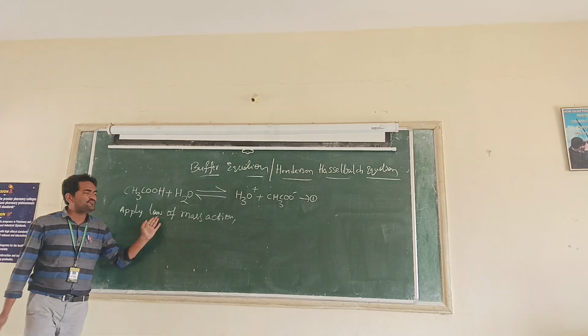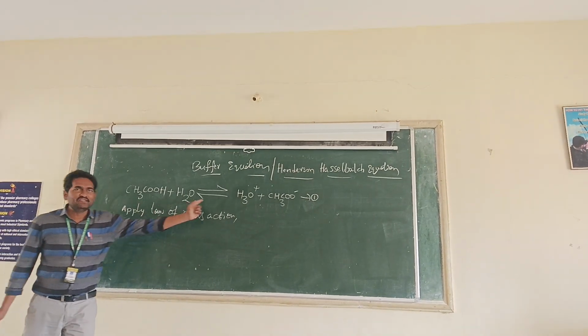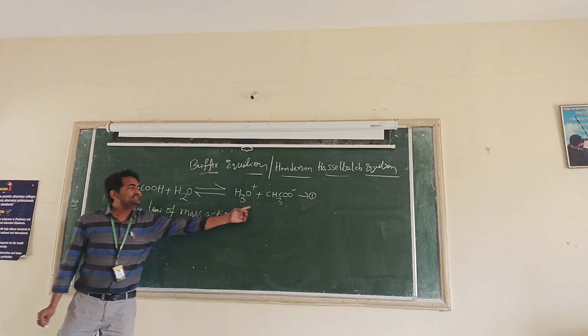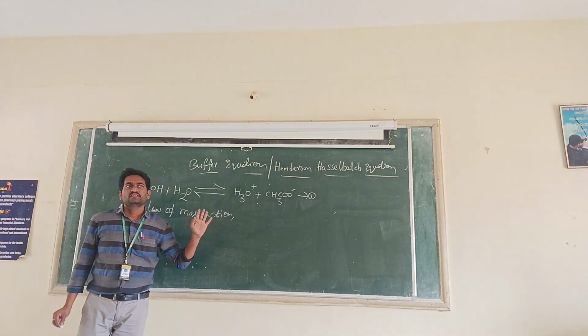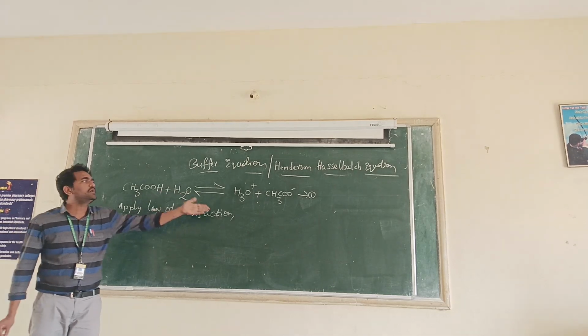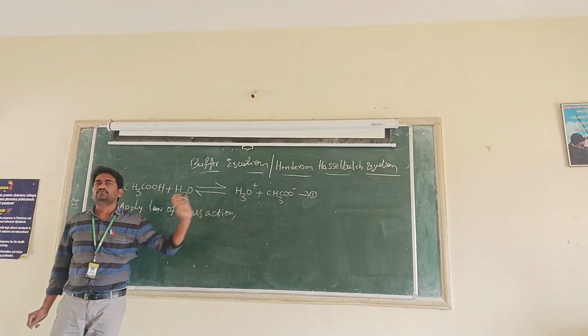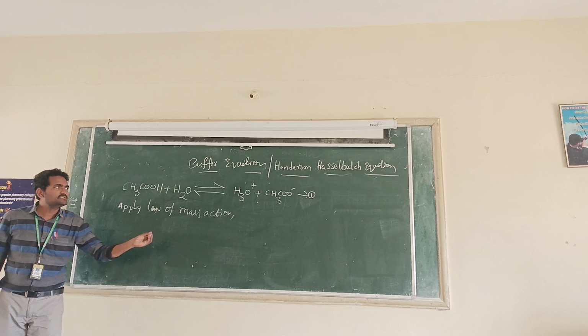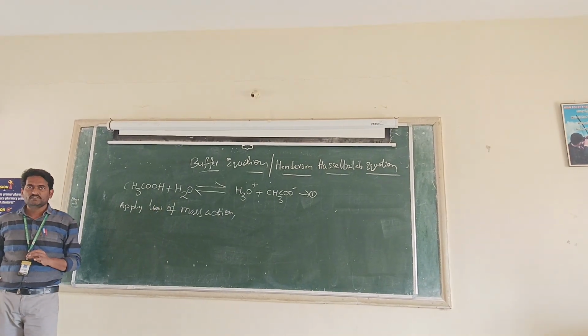According to the law of mass action, the rate of a reaction is directly proportional to the product of the reactant concentrations. Here the reactants are CH3COOH, acetic acid, and water, and then the acetate ion. So these are the three concentrations in equation number 1.